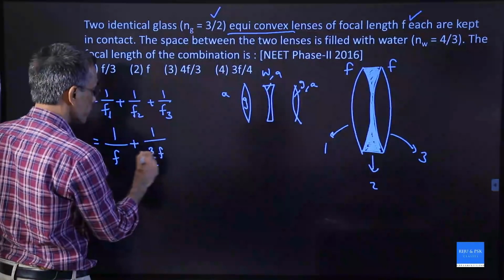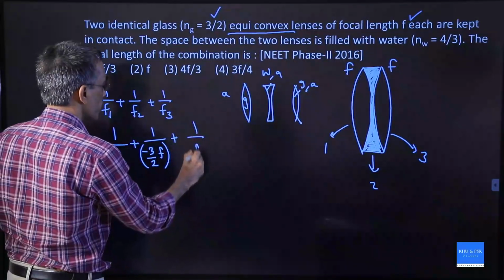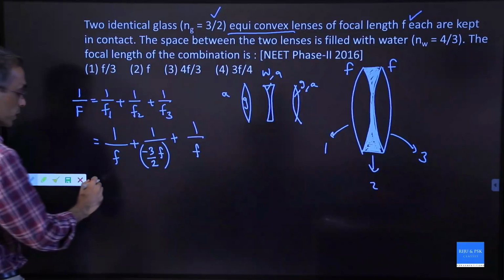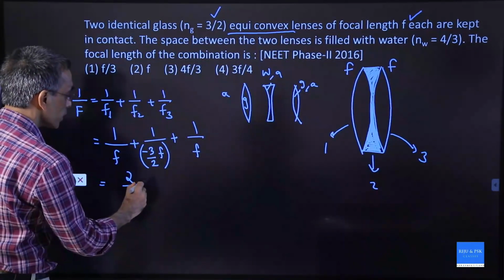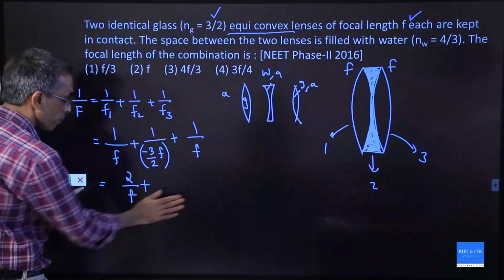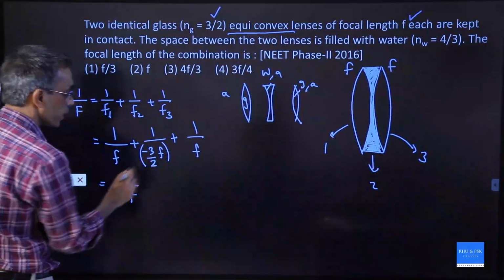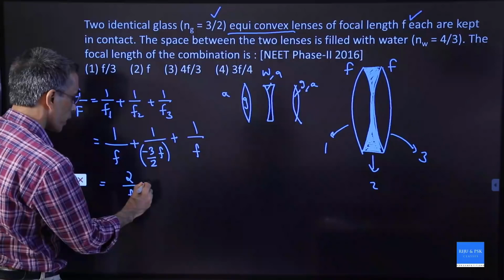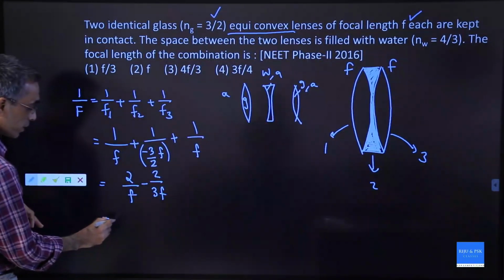It is equal to 3/2 f with minus sign plus 1/f. The focal length of the convex lens again is f. So, this will give you 1 by f and 1 by f will give you 2 by f plus, this will become minus, this 3 by 2 f will become reciprocal of that one, will give you minus 2 by 3f. Okay.